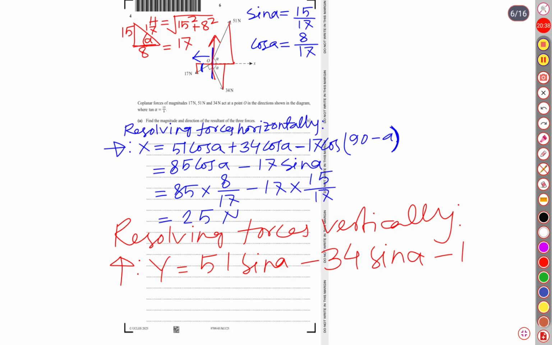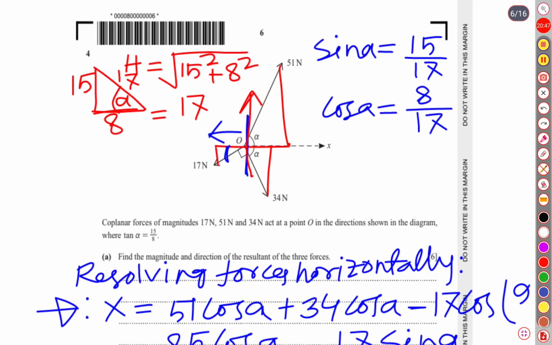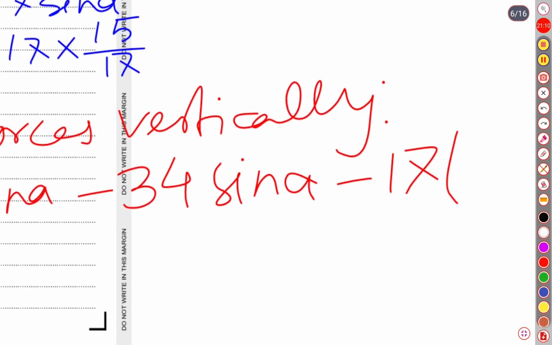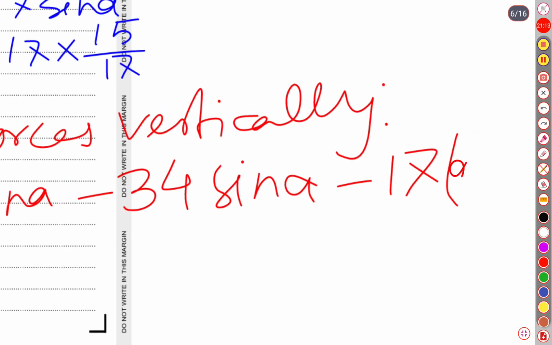Then 17 sine alpha. It is not sine alpha as I have told earlier. If we talk about this third triangle, here it is not alpha. Total is 180, from 180 the middle portion is 90, so 180 minus 90 minus alpha is 90 minus alpha, as we used in the previous case also.